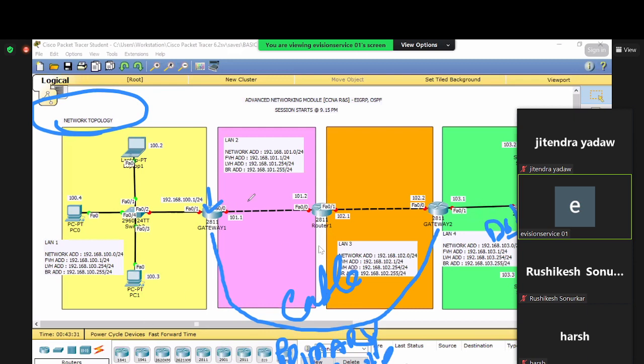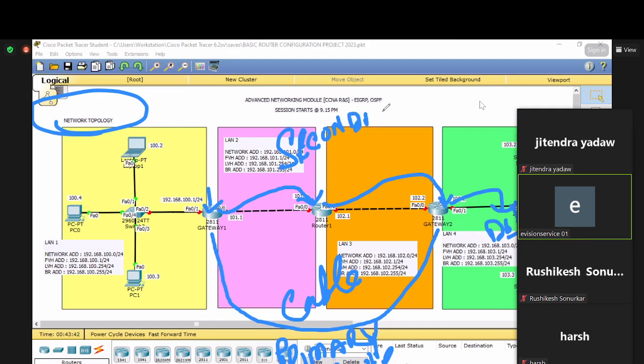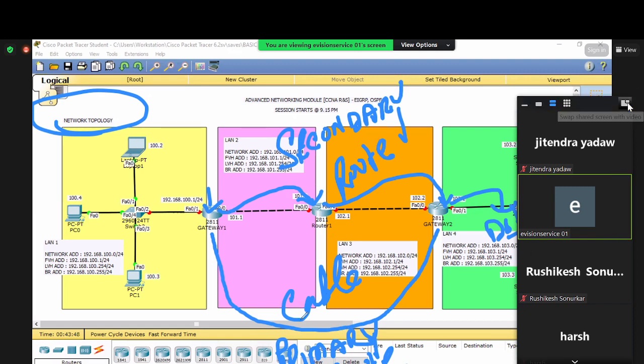And another one is via router 1, via gateway 2 to the destination. So that is your secondary route. So obviously, the primary route is preferred because this one is the best route.